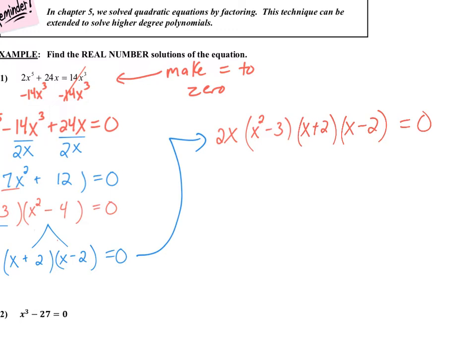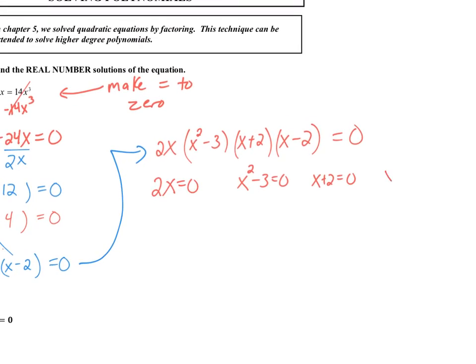Now all we have to do is solve this. So we have 3 things that we factored out, and we have to set those all equal to 0. So 2x equals 0. X squared minus 3 equals 0. X plus 2 equals 0. And x minus 2 equals 0.